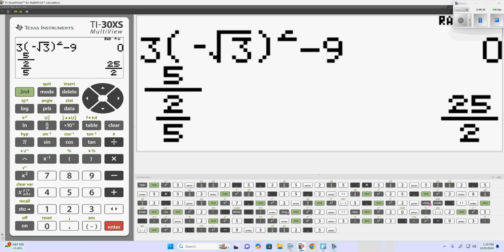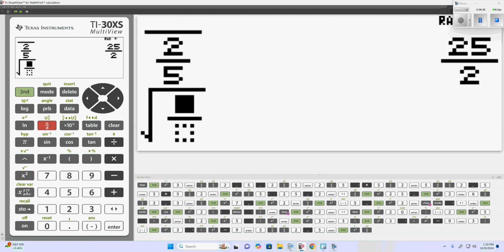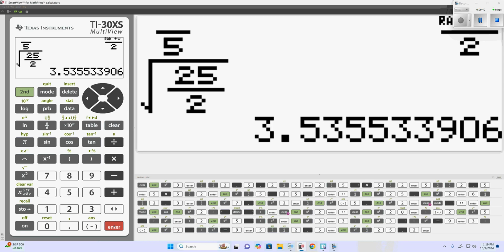Let me grab the calculator. Now the TI-30X won't just take the square root of 25 halves and give it to us in simplest radical form.